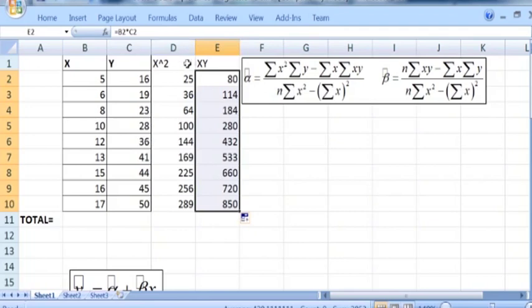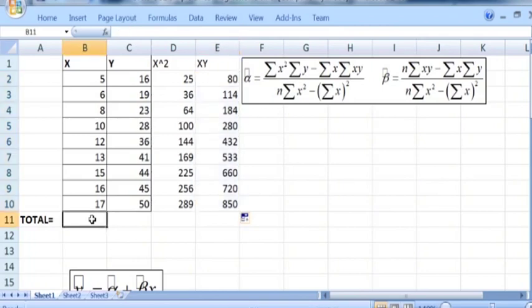First is square of x, x square, and next column is xy. So now in order to calculate the summation x, summation y, summation x square, summation xy, just use the Excel built-in function, that is the sum function. So sum of B2 to B10, press enter. Now you can drag this same command horizontally.